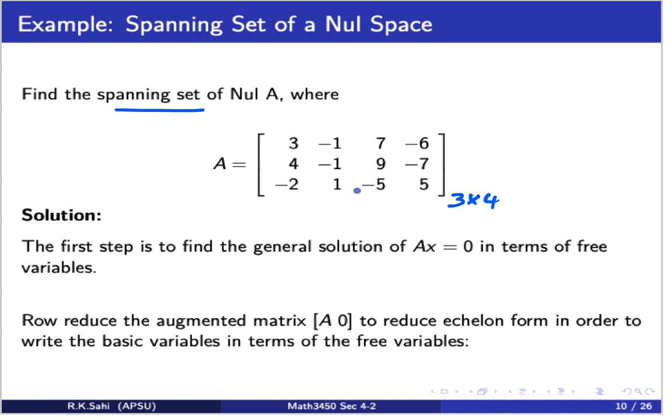So in order to find the spanning set, what are we basically doing? We want to find the general solution of Ax equal to 0 in terms of the free variables. What we are saying is, we go back to a homogeneous equation.